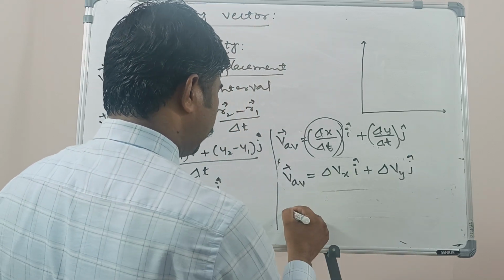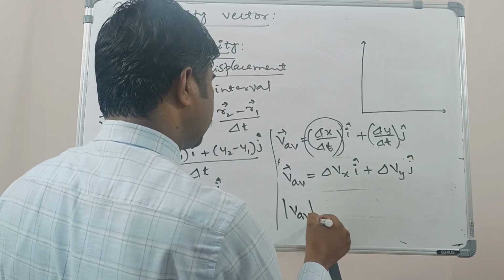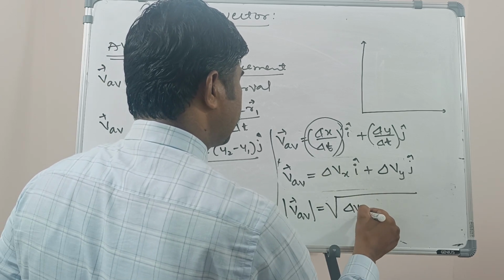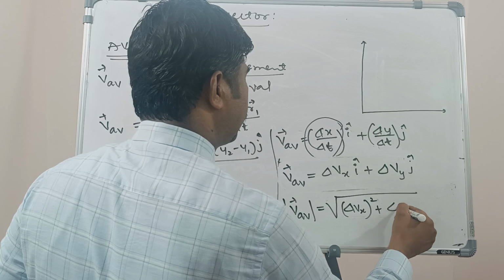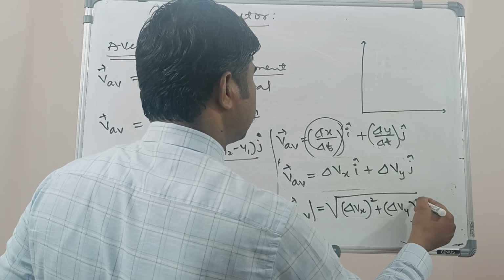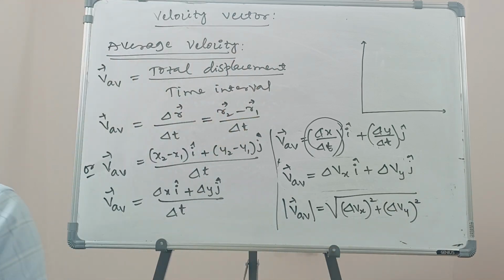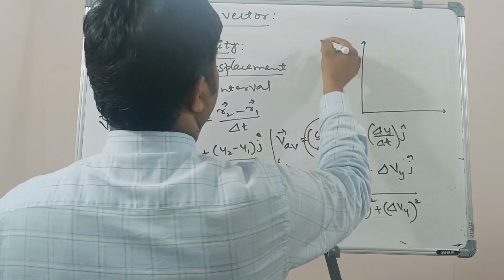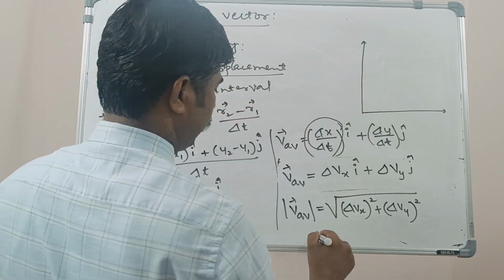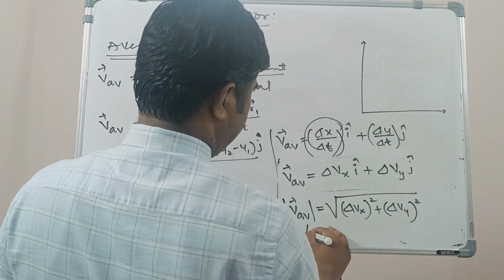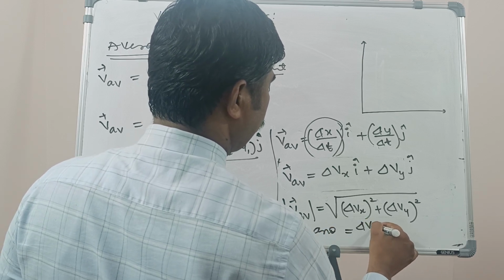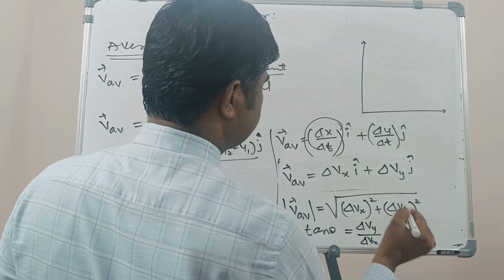If you want to write the magnitude, V average is equal to the square root of delta Vx square plus delta Vy square. This is the magnitude of the average velocity. We can also write its direction as tan theta is equal to delta Vy divided by delta Vx.